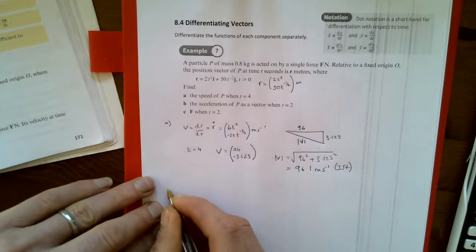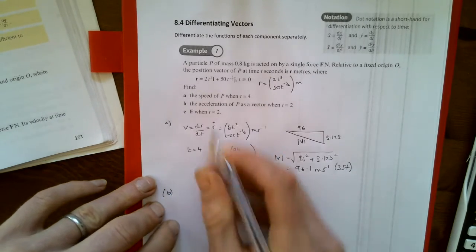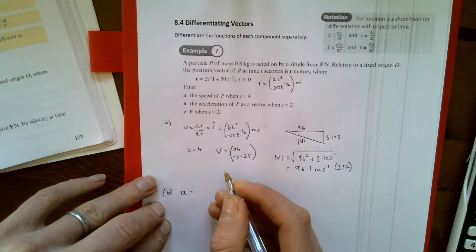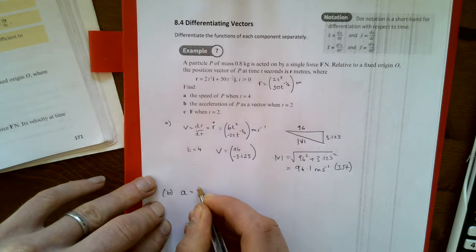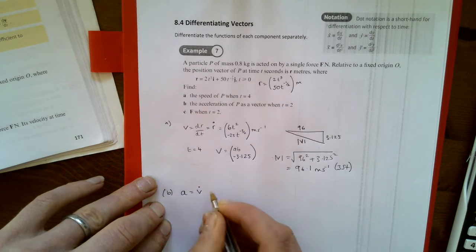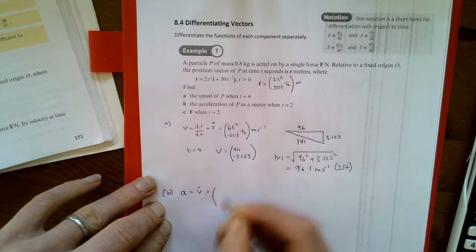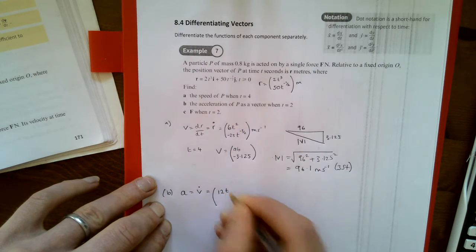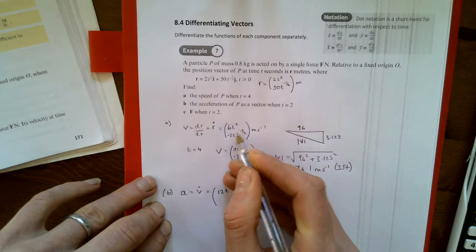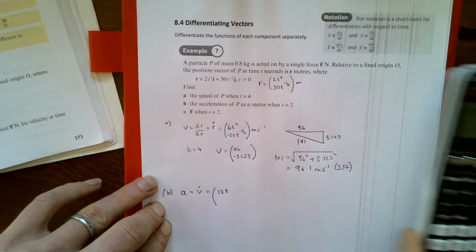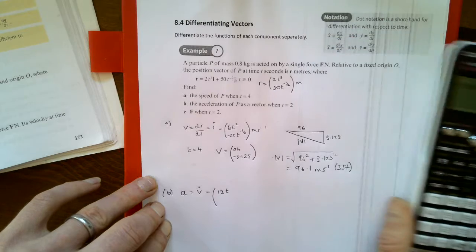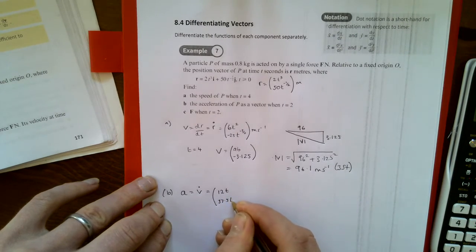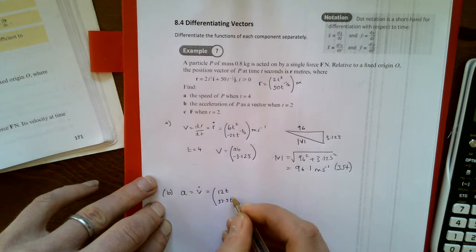Okay, right, part B. Part B is to do with acceleration. So acceleration is equal to the differential of velocity. So the differential of this one here: 12t, and times this by negative 1.5, which gives 37.5t to the negative 5 over 2.